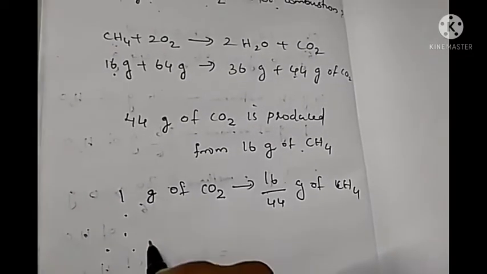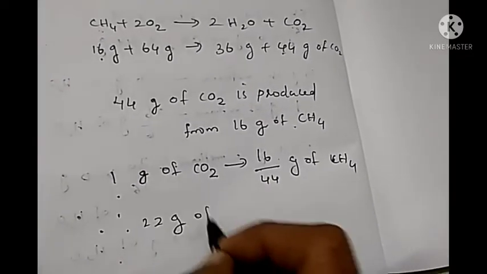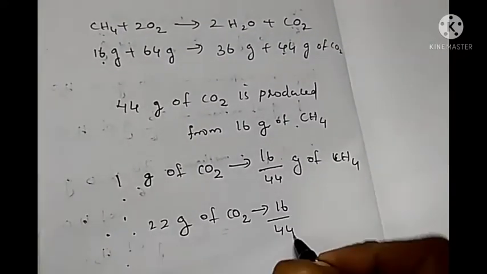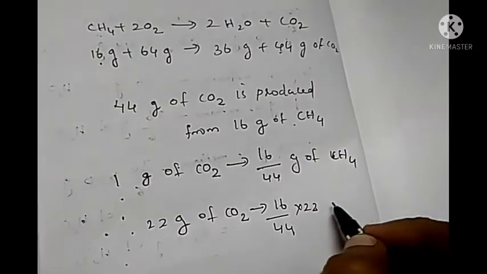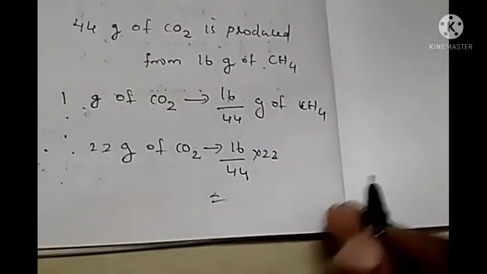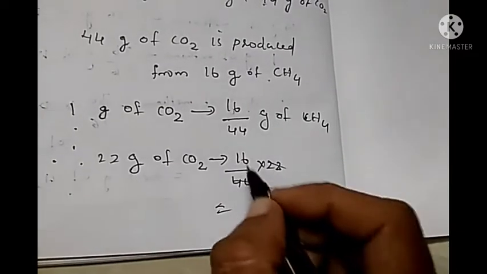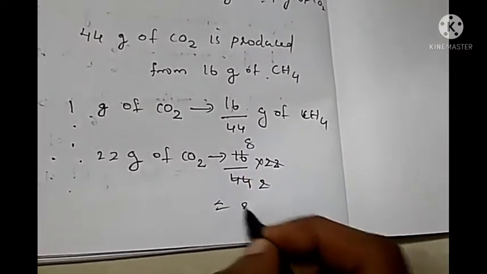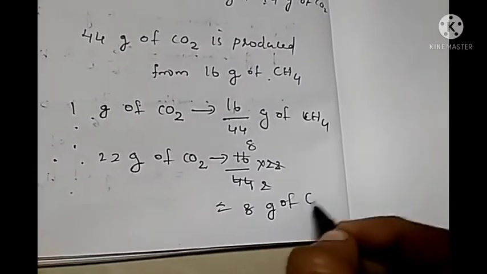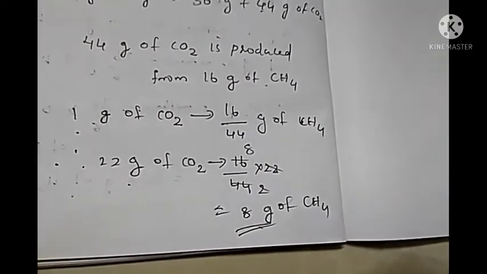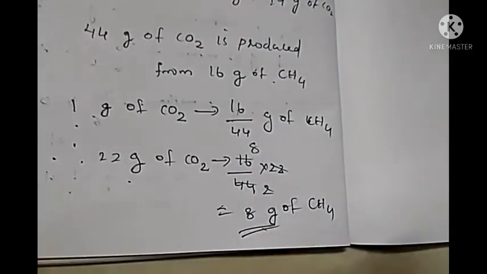Therefore, 22 gram of carbon dioxide is produced from 16 divided by 44 into 22, that is equal to 8 gram of methane. So 22 gram of carbon dioxide is produced from 8 gram of methane.